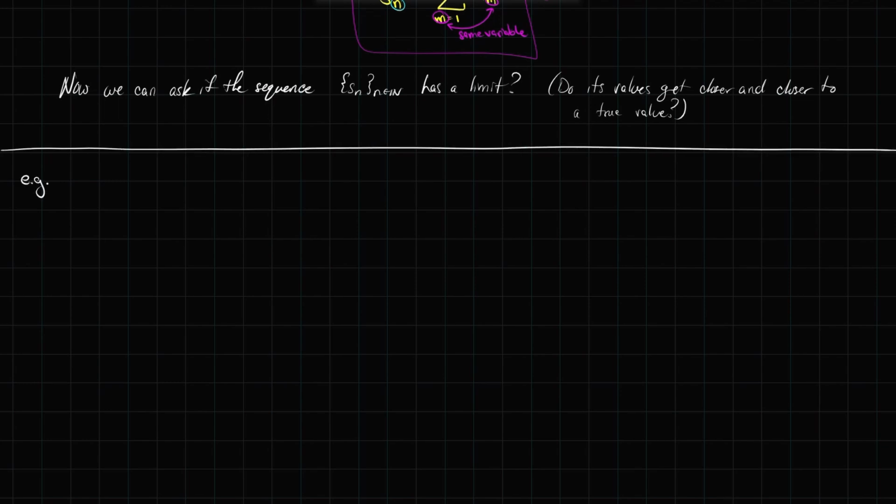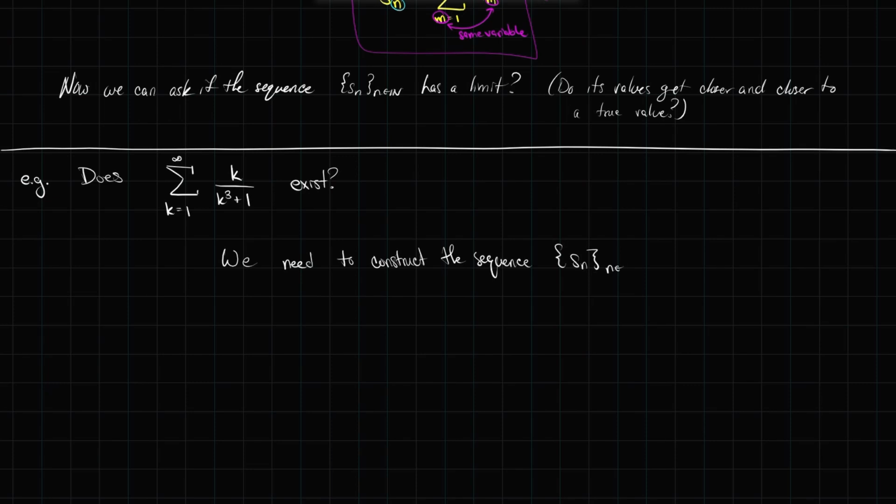So our one example of this will be like, does this sum, k over k cubed plus 1, k starting at 1 and going to infinity, exist? We first need to construct the sequence Sn defined by Sn is the sum where I'm placing the n up top here.